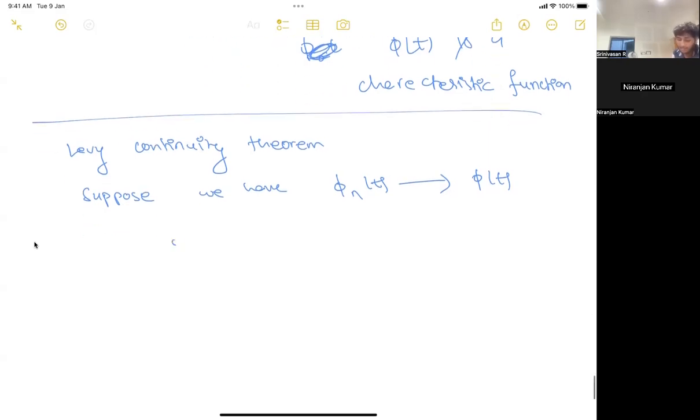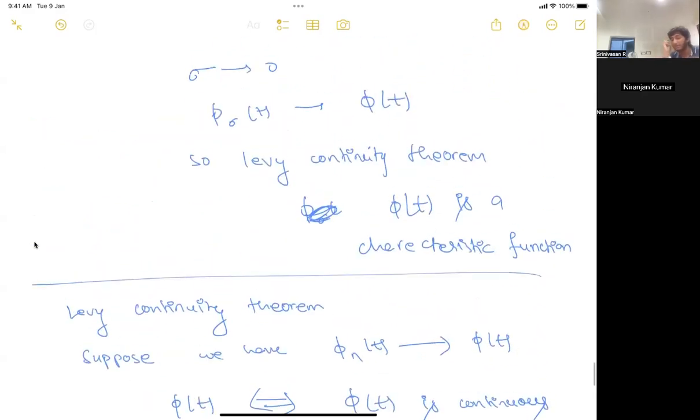Then phi of t is a characteristic function of some probability distribution if and only if phi of t is continuous. So we get by Levy's continuity theorem that phi of t is a characteristic function. So we got the theorem. Thank you.